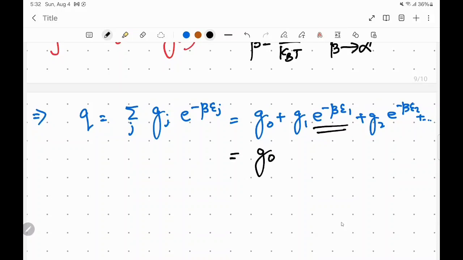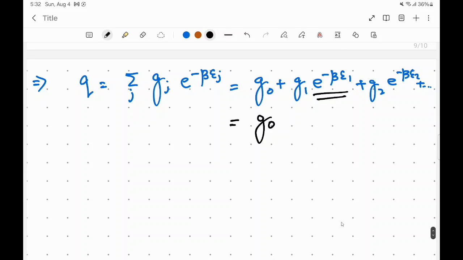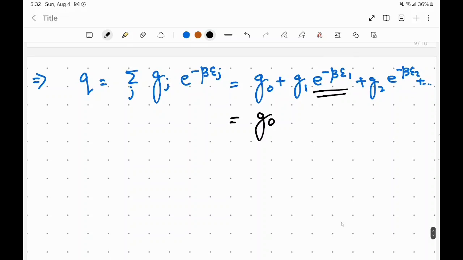So not the 0, not the 1. If there is no degeneracy, then it will be 1. Otherwise, no. Now, let's say if you're considering the harmonic oscillator, as I discussed, this is true when the ground state energy is 0, correct?